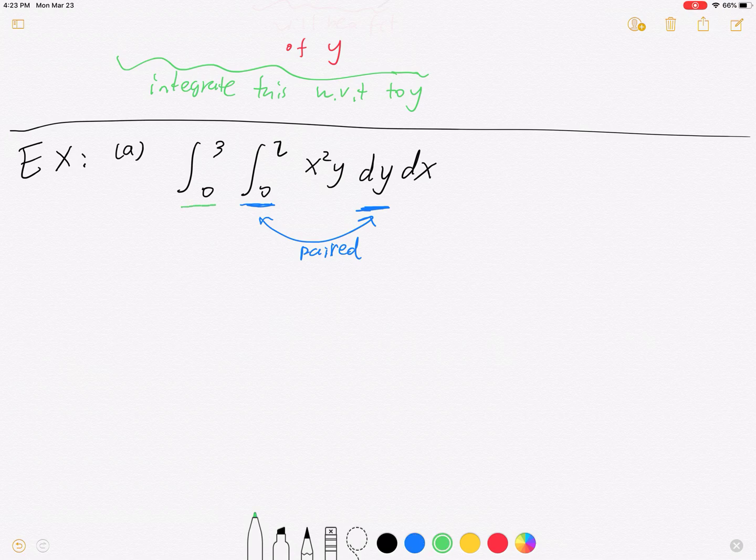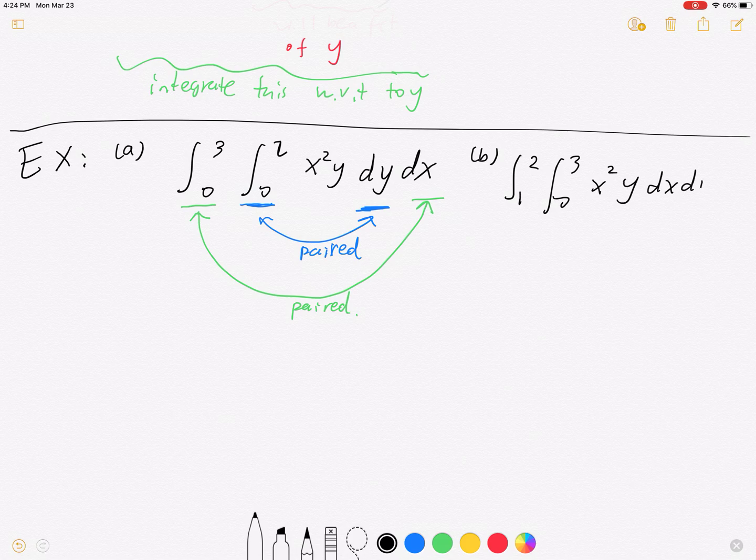And then we pair the next symbol with the next dx. So this is paired. Okay, so this is the usual convention. And similarly for b, we introduce problem b. This is given by this. And similarly, we have the following pairing.